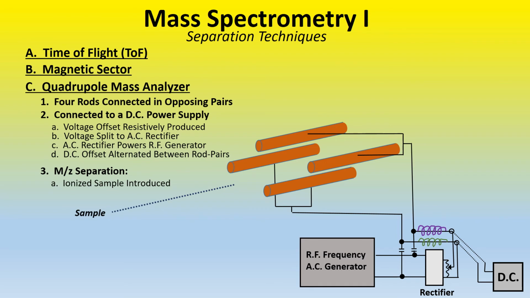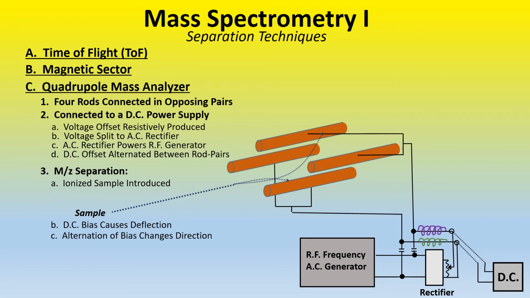Ionized sample is introduced. However, since the voltages are not even, there's a DC bias that will cause all particles to deflect. By introducing the alternating RF field, the direction of the bias and the direction of the deflection continually changes.